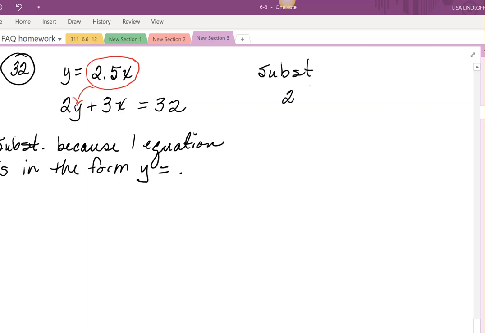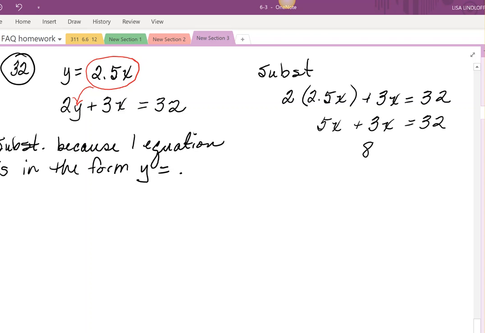I have 2 parentheses, 2.5x, it doesn't bother me that it's a decimal, plus 3x is equal to 32. So when I multiply that, I get 5x plus 3x is 32, which means 8x is 32, divide, and x is 4. So find the other variable, which is y.